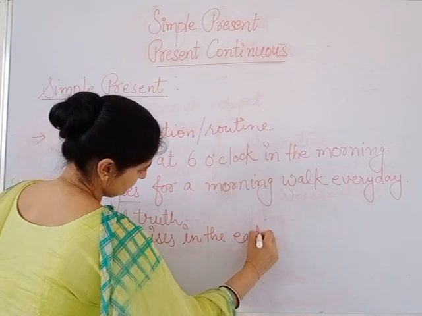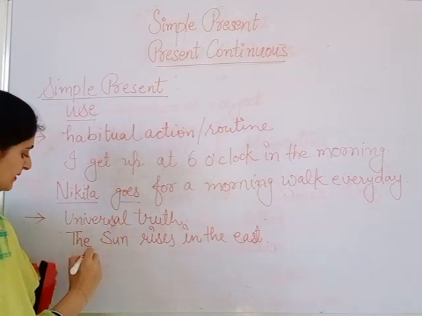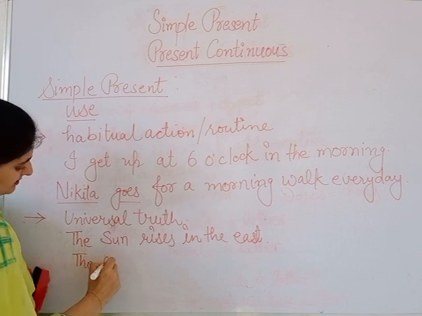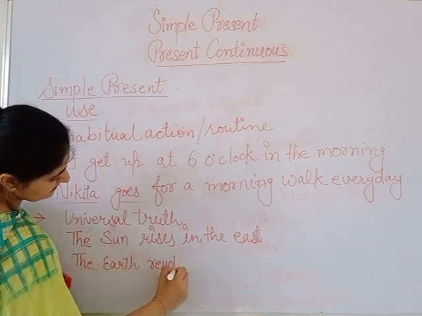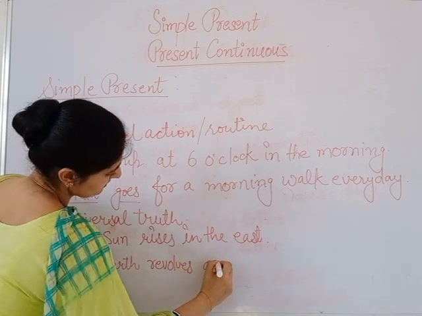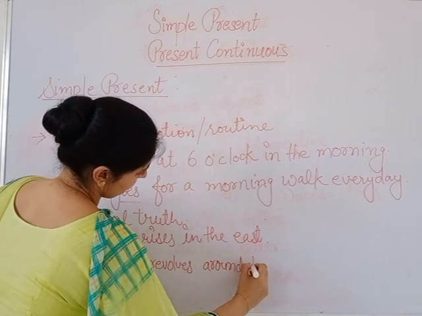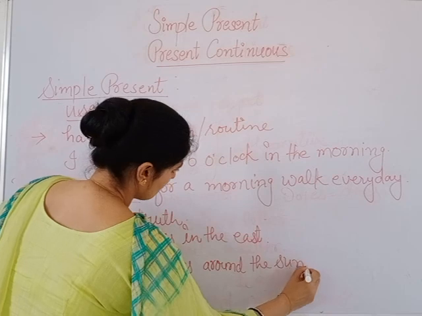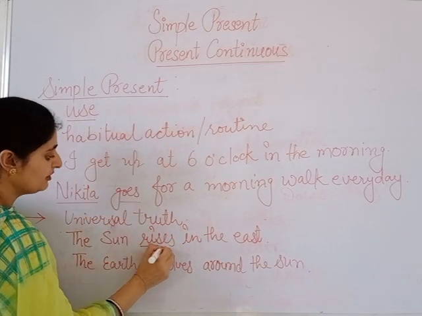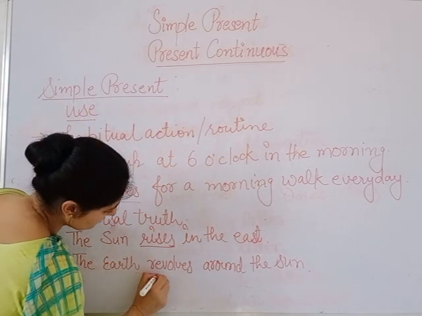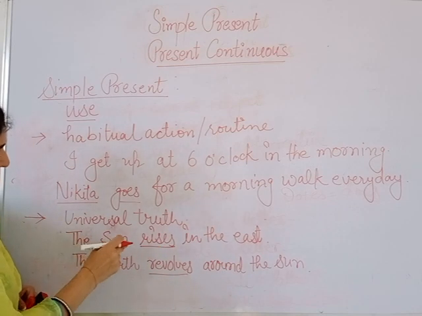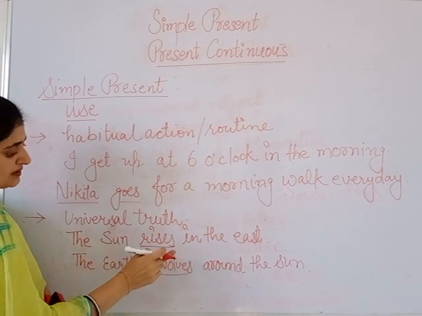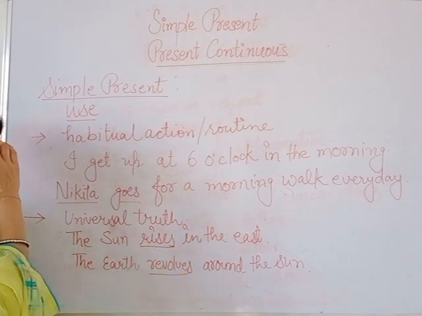Another example we can say, the earth revolves around the sun. Okay, so you see I have used here the first form of the verb, and according to the subject I use here s and es.